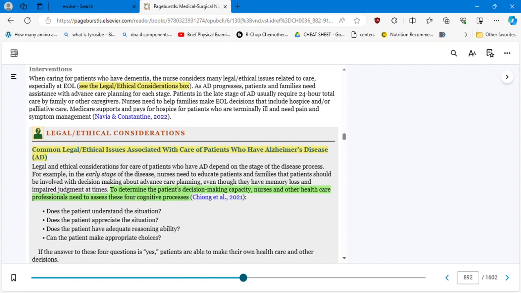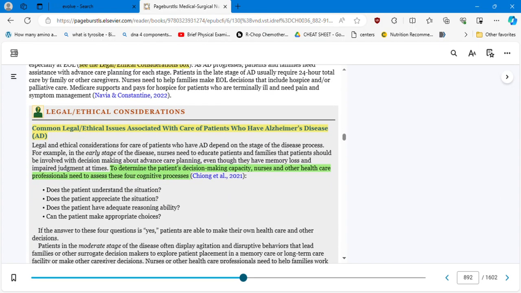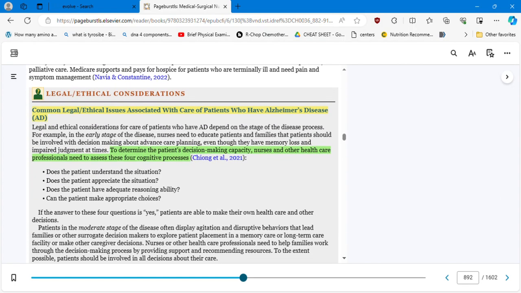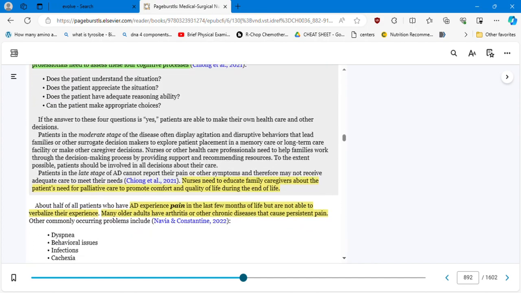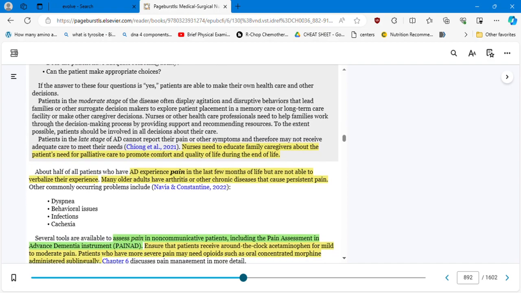See the legal ethical consideration box. This is good for you to review, because you're going to see this in the NCLEX as nursing care, legal aspects of nursing care.